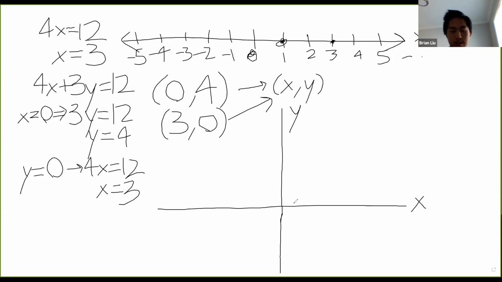If we mark these off as 1, 2, 3, 4, 5, and so on, 1, 2, 3, and so on, 1, 2, 3, 4, 5, 6, and so on, then we see that (0, 4) is a point. So when x is 0 and y is 1, 2, 3, 4, you get a point that satisfies this equation. When x is 3 and y is 0, that also satisfies it. So 1, 2, 3.